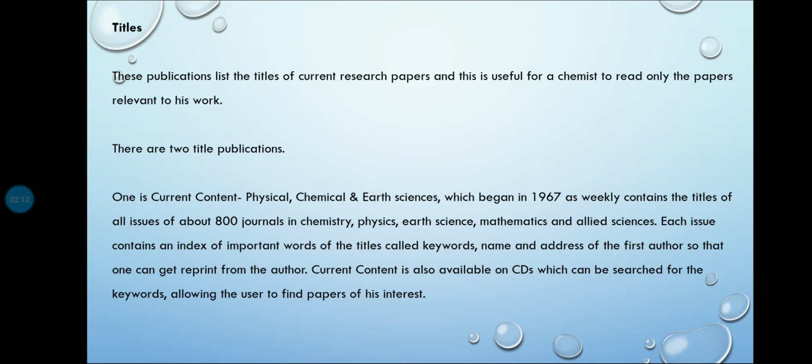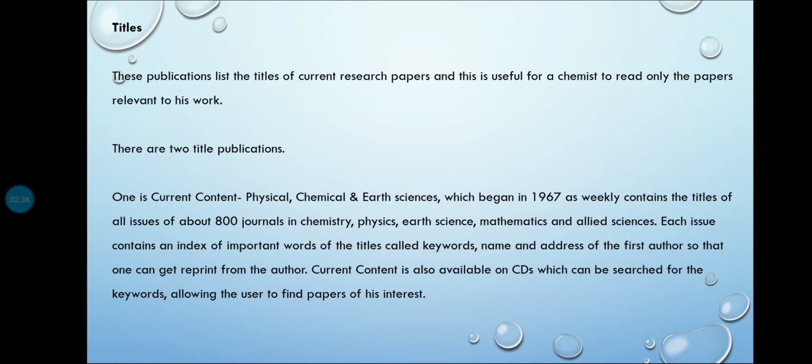One is Current Contents: Physical, Chemical, and Earth Sciences, which began in 1967 as a weekly, contains the titles of all issues of about 800 journals in chemistry, physics, earth science, mathematics, and allied sciences.